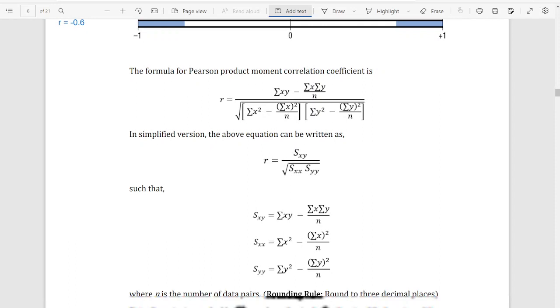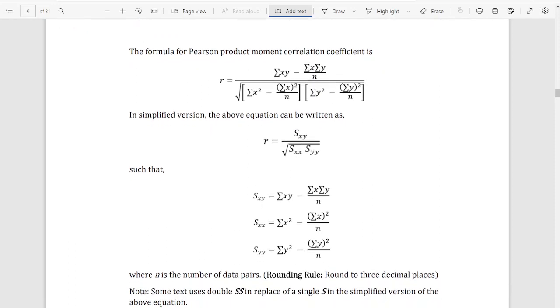Okay, this is the formula that can be used to calculate the Pearson product moment correlation coefficient. So you boleh dapatkan formula ni, boleh hafal ataupun boleh cari sendirilah. So this is the formula given. So you boleh tengok dekat final exam tu dia bagi ya formula ni. So you don't have to worry about the formula. They will give you the second one also. r equal to Sxy over the square root of Sxx times Syy.